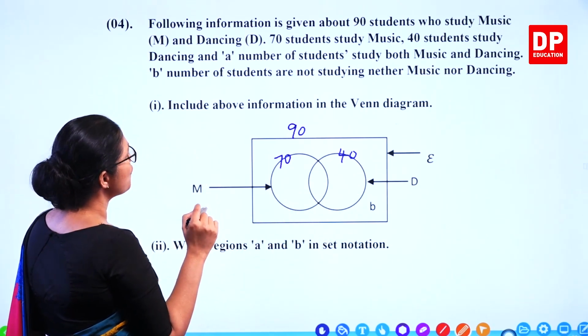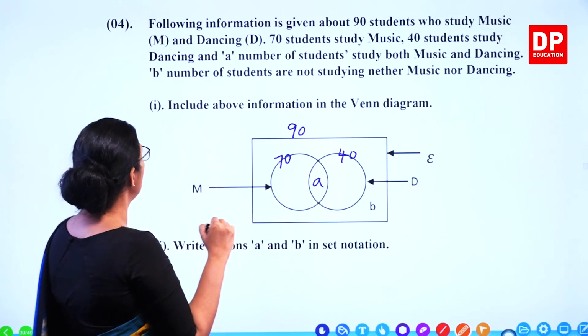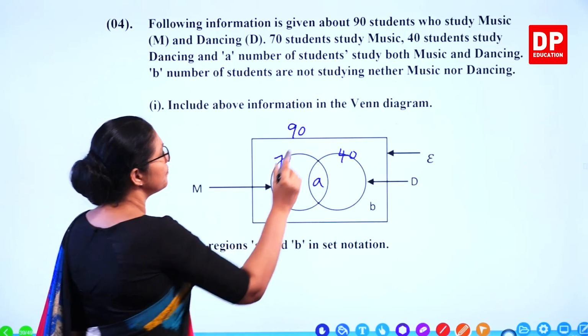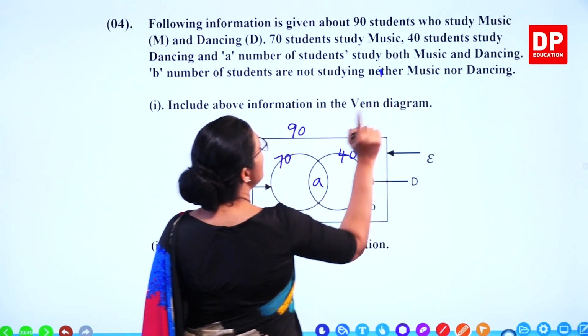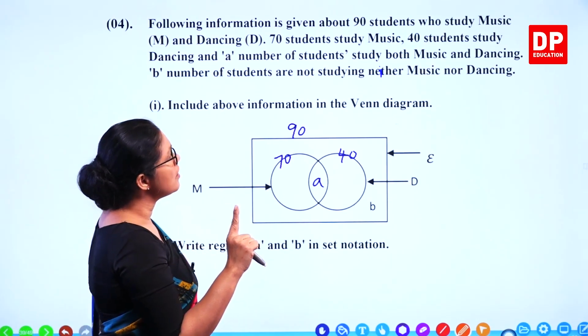And A number of students study both music and dancing. So A is here. B number of students study neither music nor dancing. Include the above information in the Venn diagram.